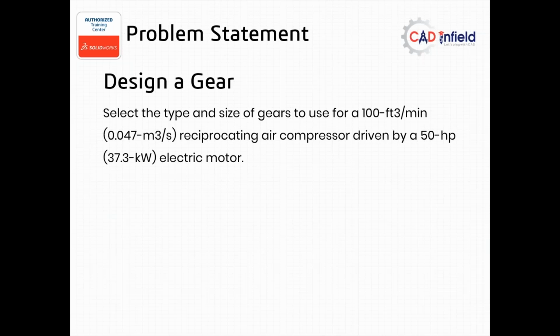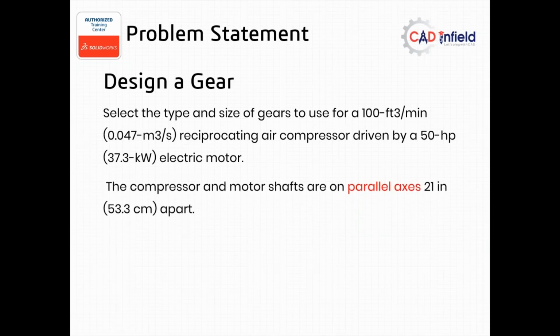We have a reciprocating air compressor which is going to be driven by a 50 HP motor. If you calculate the conversion, you will get 37.3 kilowatt. Then we require compressor and motor shafts, and both these shafts are parallel to each other.